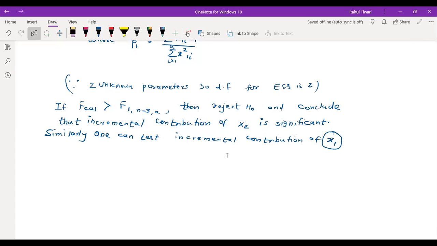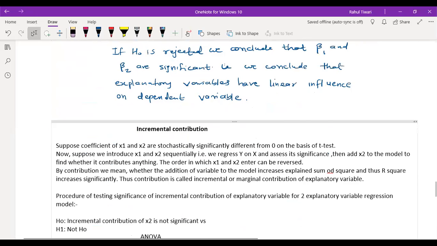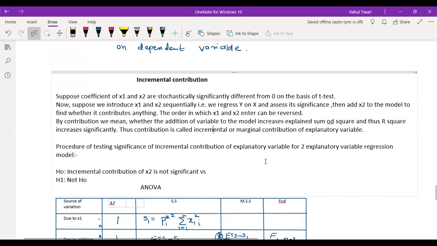Okay, any other questions related to the incremental model? Let me see the chat box also. If you have any questions, you can ask. I hope I have given the answer for everyone.